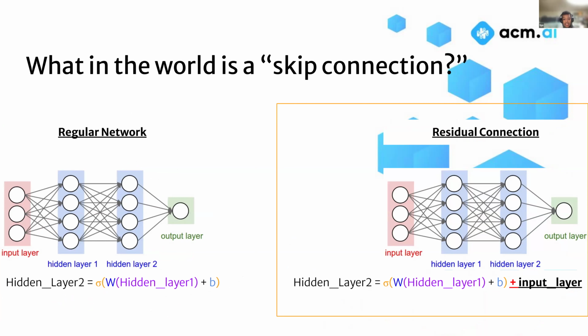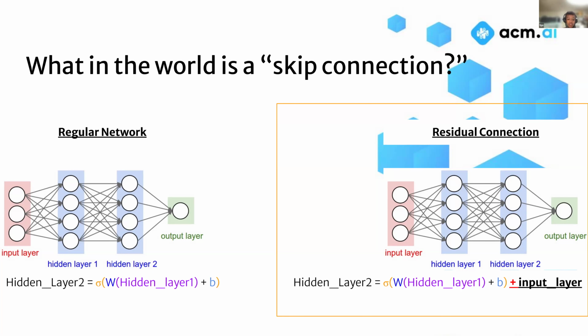And on our second hidden layer, what we add is the input layer. And then our hidden layer 2 is our hidden layer 1 times our weight, plus our bias, plus our input layer function. That's what our hidden layer 2 is going to be.